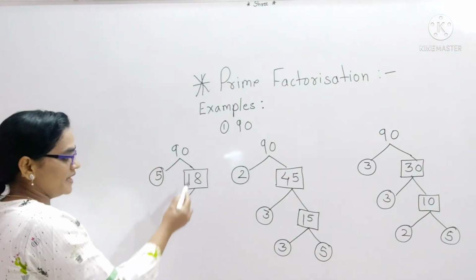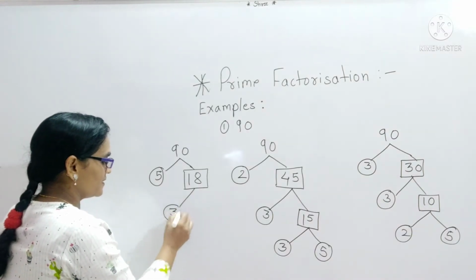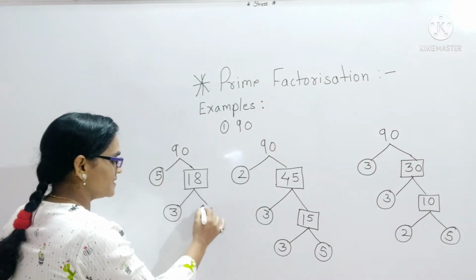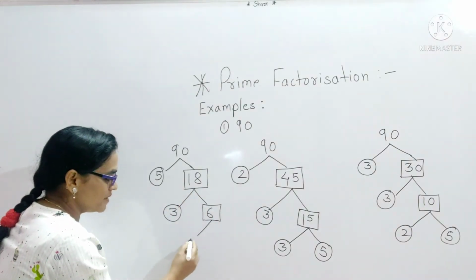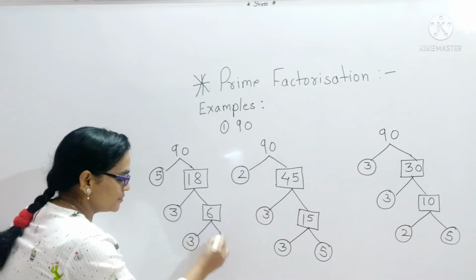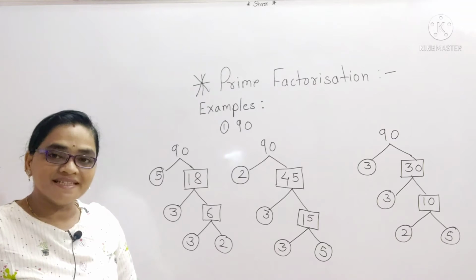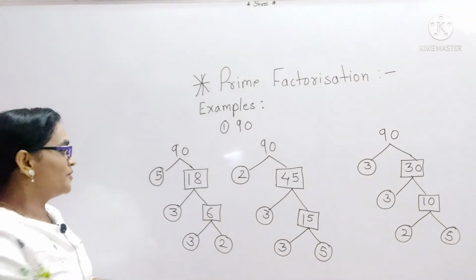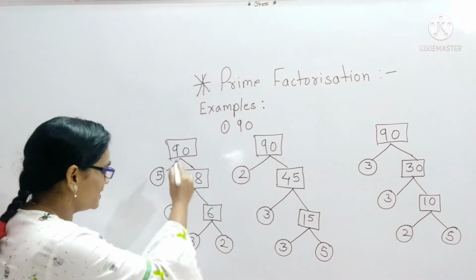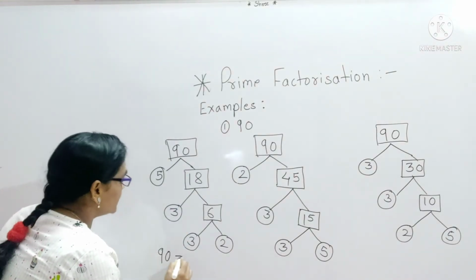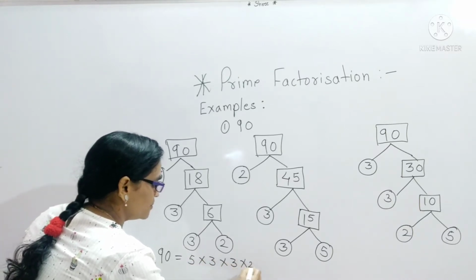Then 18 is again divisible by 3. 3 sixes are 18. 6 is a composite number, so square it, and 6 is divisible by 2. 2 threes are 6. 3 is a prime number, so circle it. For 90 also we put a square. Now see which factors we got. Here 90 is equal to 5 into 3 into 3 into 2.